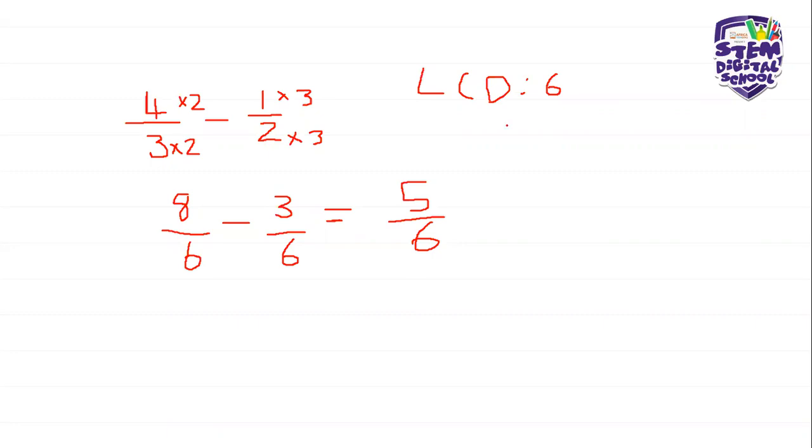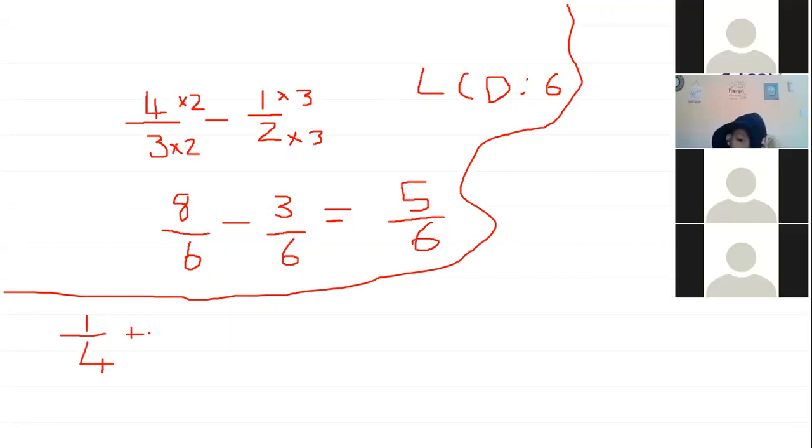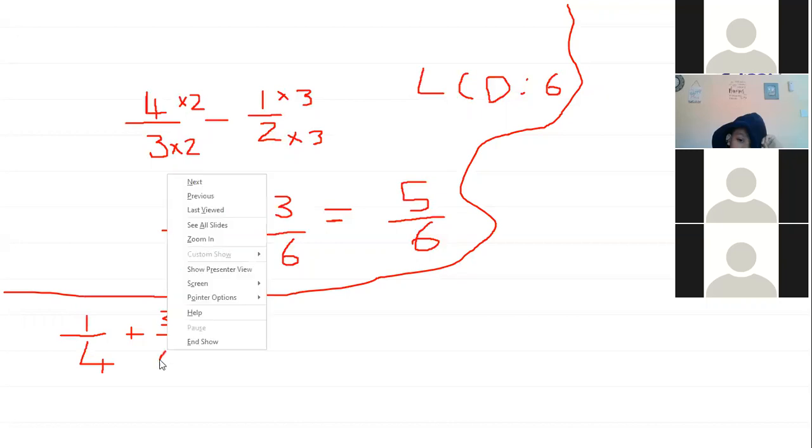As the question came in, I'll use addition. Addition is much easier to understand. If I have 1/4 and I'm adding it to 3 over 4, my biggest focus is just the numerators.